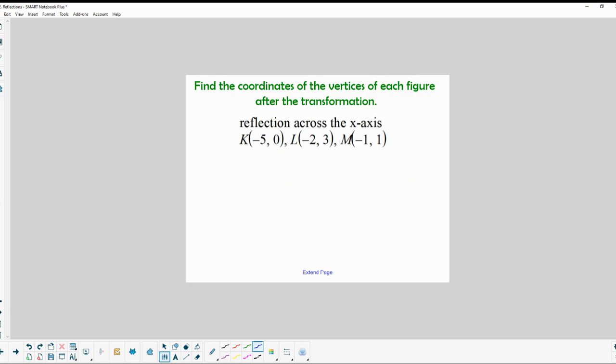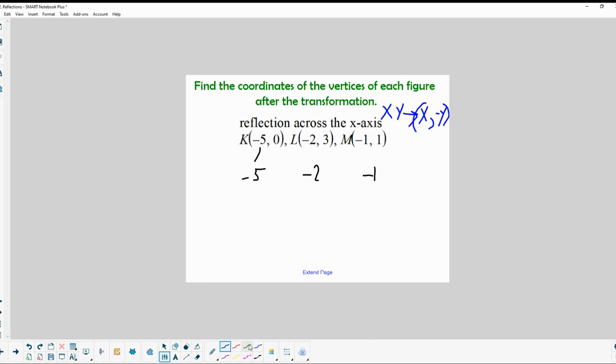Okay, how about find the coordinates of the vertices of each figure after a transformation across the x-axis? So in this case, the x, y values, when you go across the x-axis, x stays the same, and y becomes its opposite. So that's what we're going to be looking for. So all the x values will stay the same, so negative 5, negative 2, and negative 1.